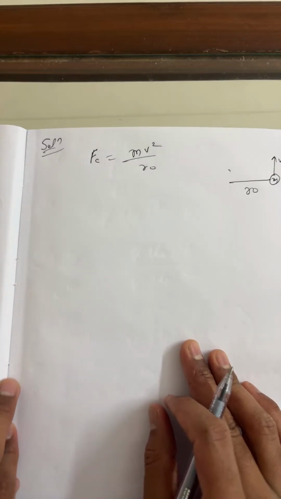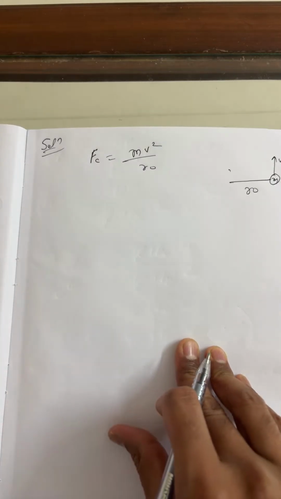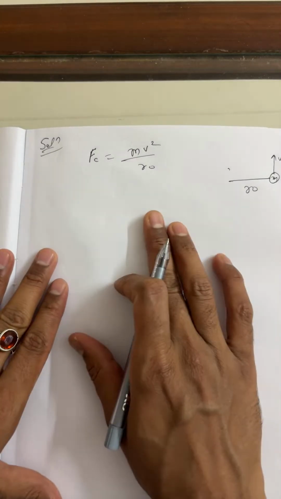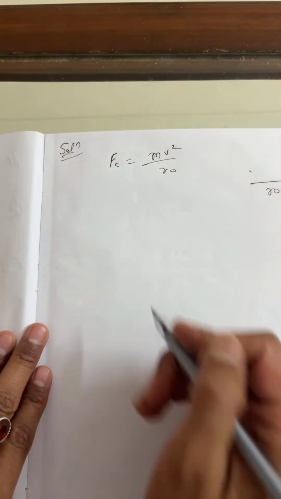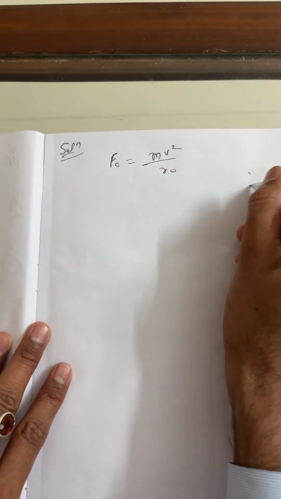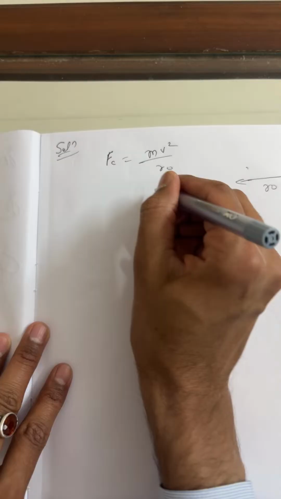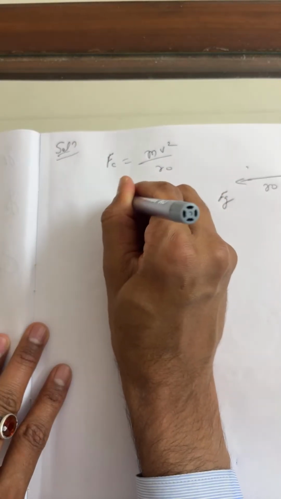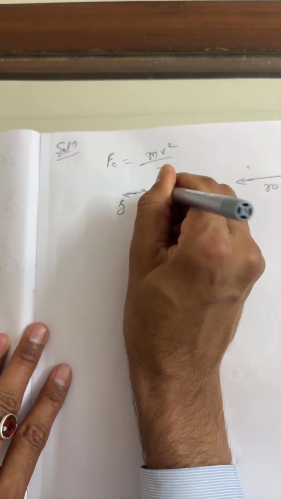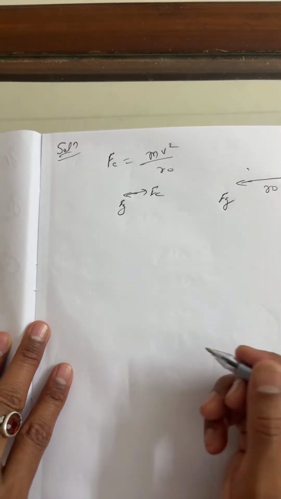Now, we have to write the expression for the gravitational force. Fg acts towards the center, and the centrifugal force acts away from the center.